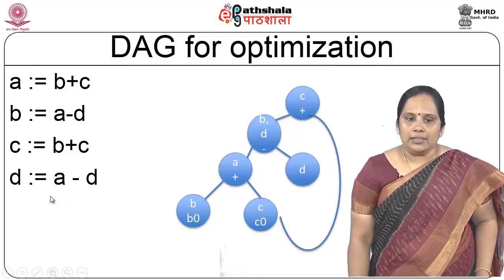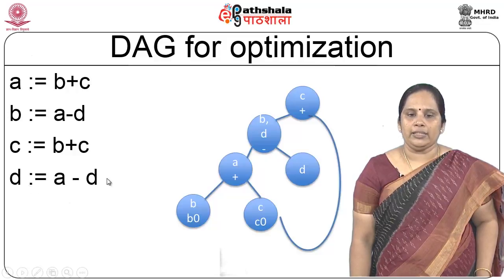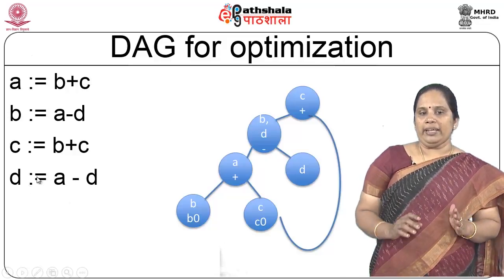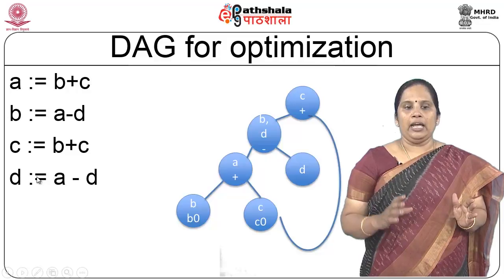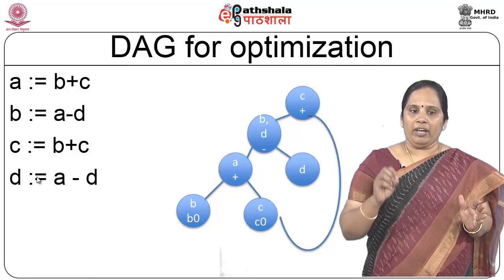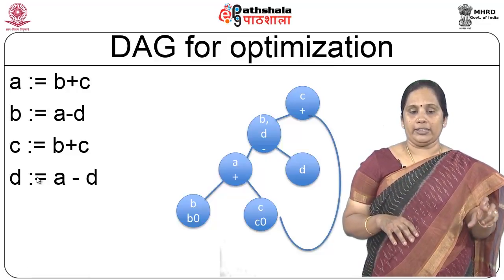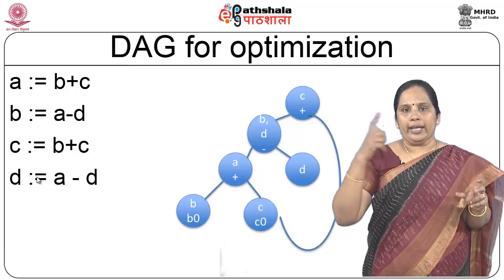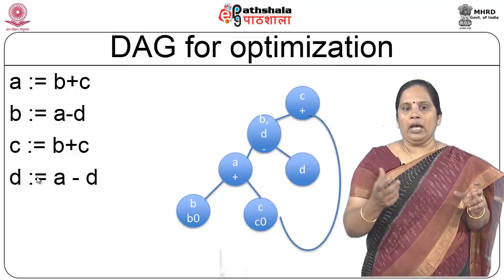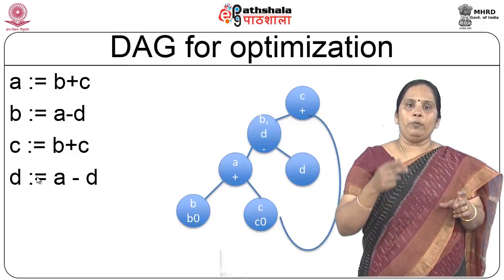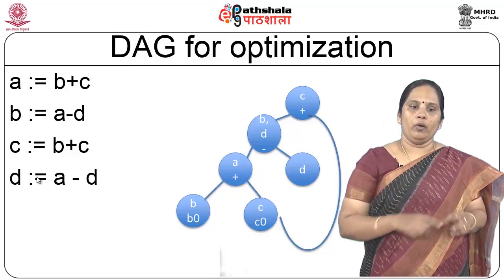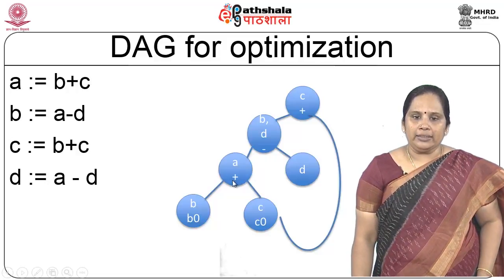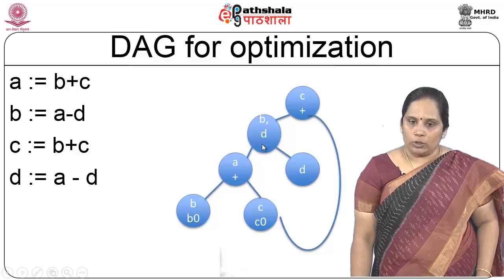The last statement is D is equal to A minus D. So, you normally have an RHS and an LHS. The RHS is going to be computed as a value, the LHS is referred to typically as a memory, as an address. So, I will compute A minus D as a value and put it into D, which means I have to put it in the address of D. Here A is available, D is available, and the interior node with the minus operator is also available.